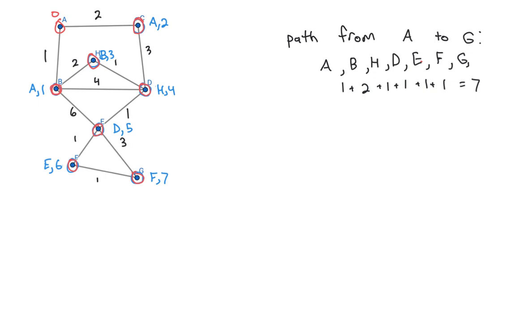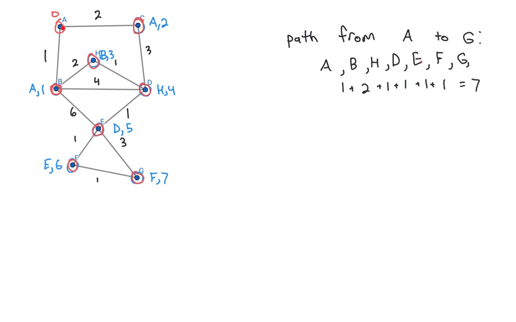So for example, let's take the path from A to G. So we see it's going to have weight 7. We see the path must have F as its penultimate vertex. And we see this labels E, so we have to have gotten to F from E, from D, from H, from B, and finally from A. So this ends up being our path.